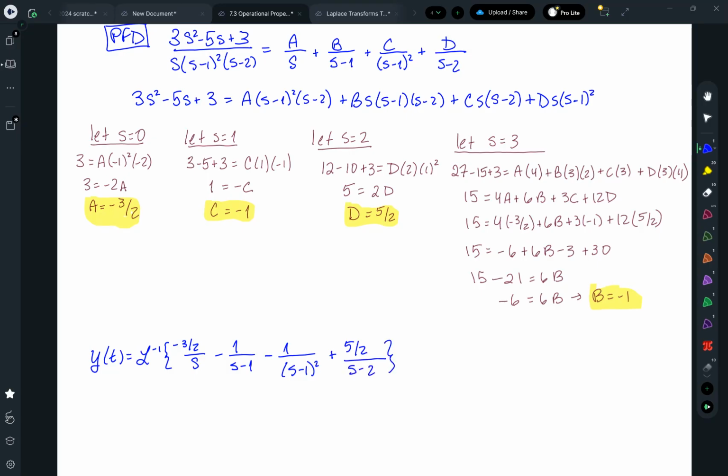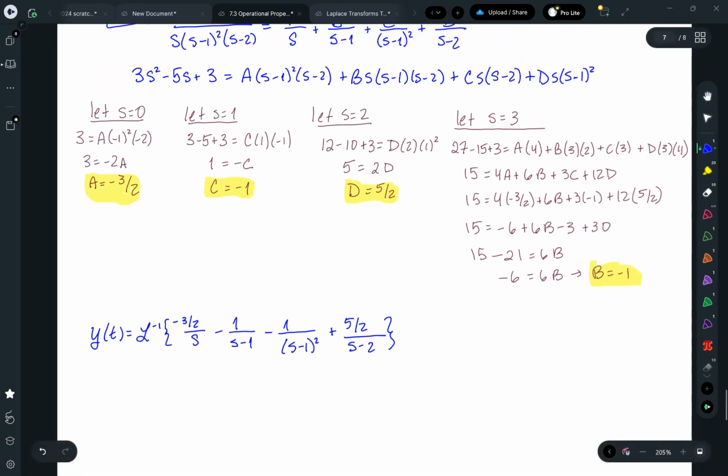Okay. Aside from any arithmetic errors, that is always a thing that could be happening. This is our process here.